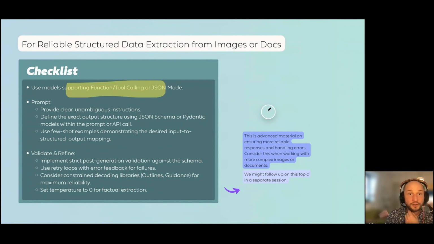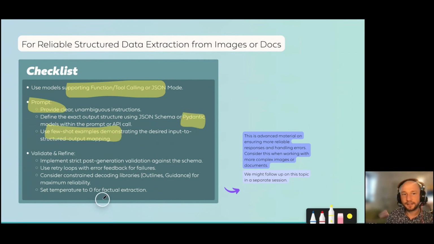Not all language models provide that. You have to choose the language models carefully. The prompt needs to be clear. There can either be the JSON schema in it already. Pydantic can be used. Few shot examples work very well. And in an iterative process, you probably need to check how you can validate and refine that.